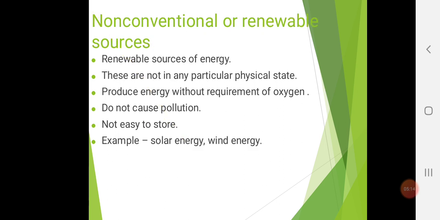Next, non-conventional or renewable sources. These are not in any particular physical state. They produce energy without requirement of oxygen, and of course they don't cause pollution, and they are not easy to store.